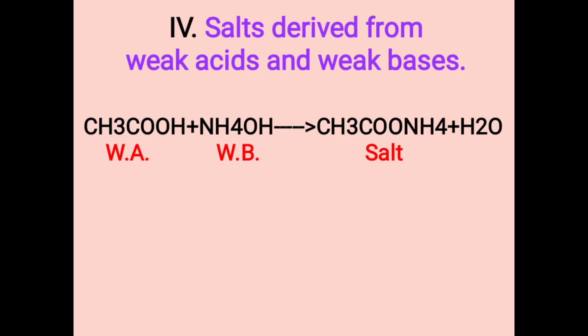So there is the formation of salt derived from weak acid and weak base. The condition of acid and base is weak, so there is no complete dissociation of the weak acid and weak base into aqueous solution. Undissociated molecules of weak acid and weak base are present in the aqueous solution.